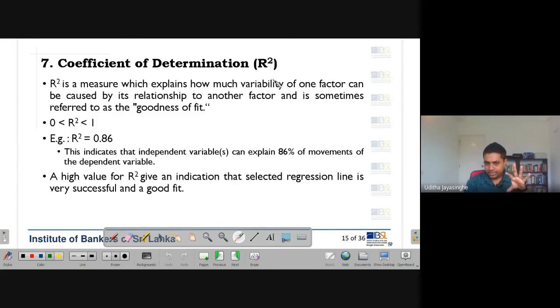Forget about these complex definitions. The broad idea is that if you see a value like 0.86, it is going to tell you that the movements of y can be explained 86 times out of 100 by the movements of x. Or if you put it on the flip side, 0.86, or 86%, or 86 out of 100 of the movements of y can be explained by the movements of x.